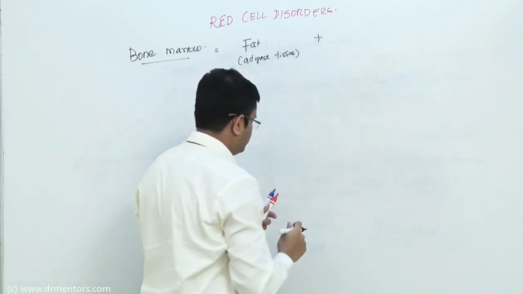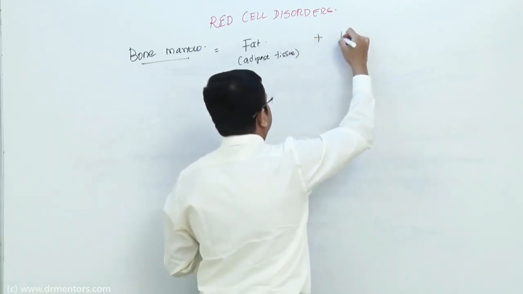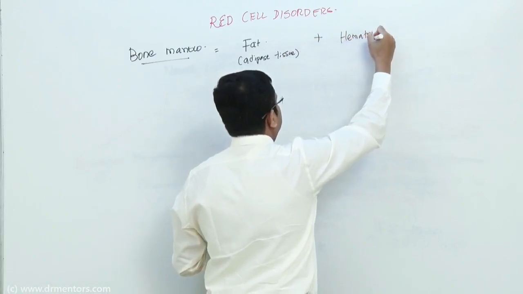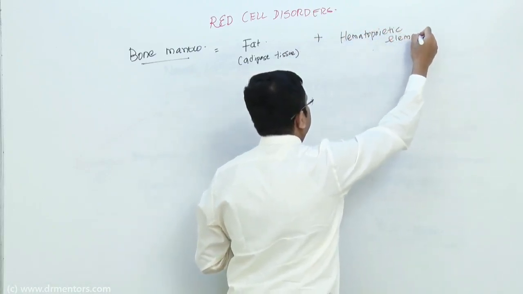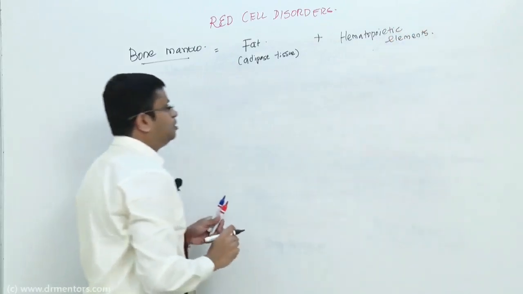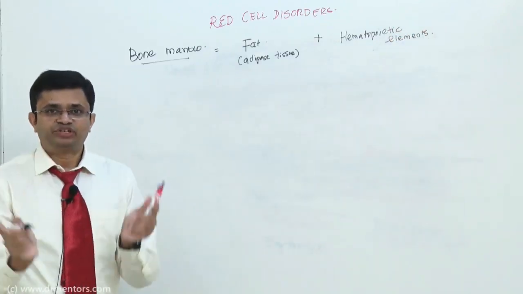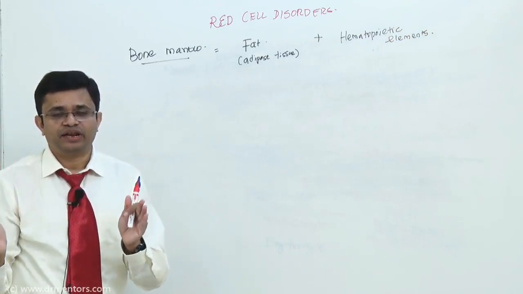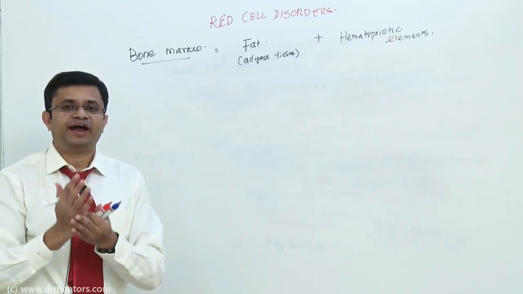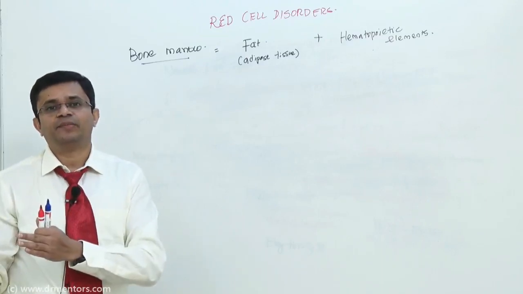And then it will have hematopoietic elements. So any bone marrow is a mixture of these two things: fat and cells. Fat is your adipose tissue, cells are your hematopoietic elements.